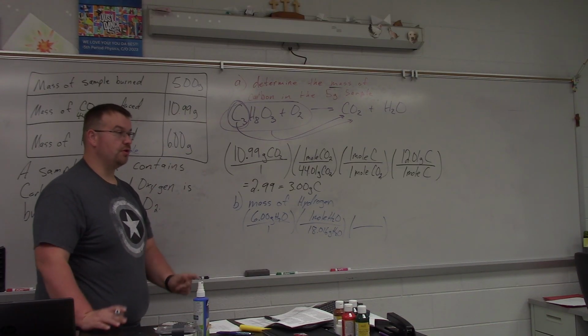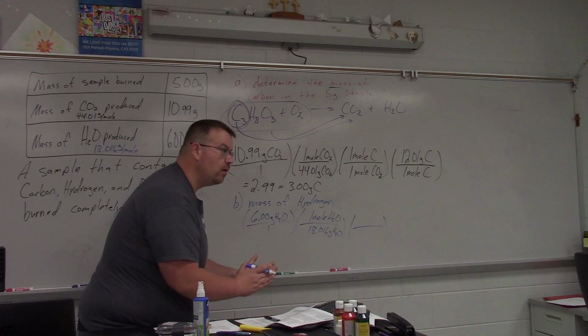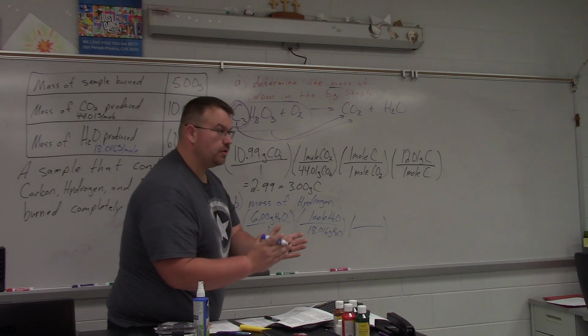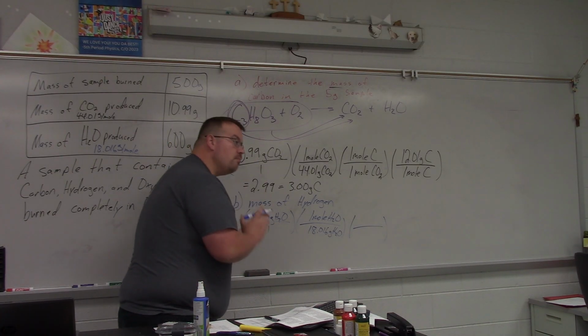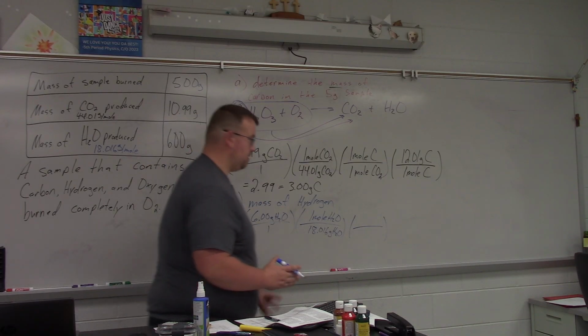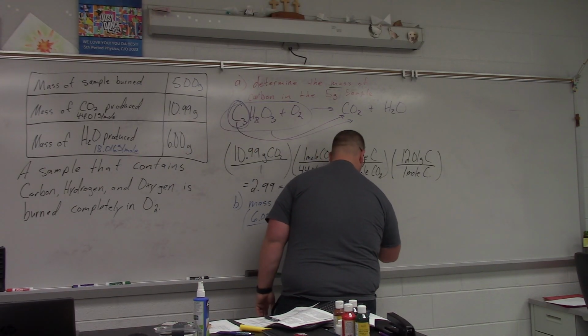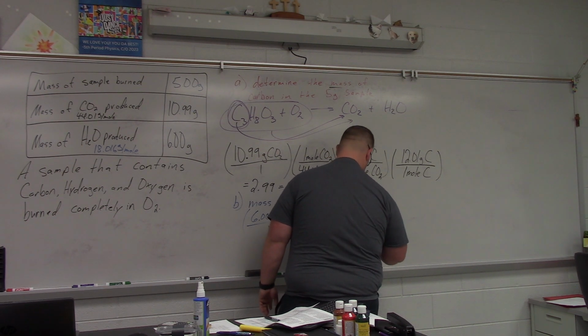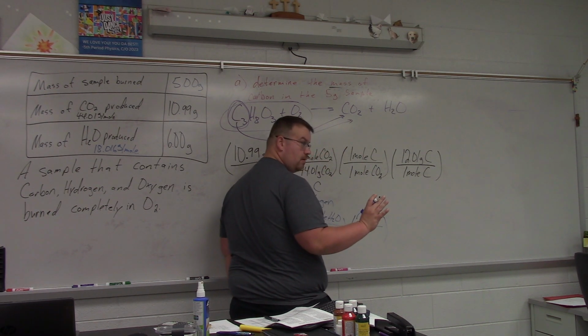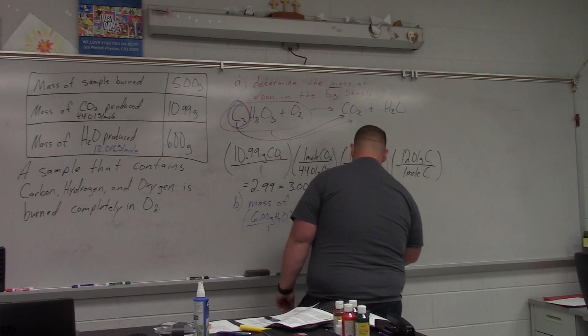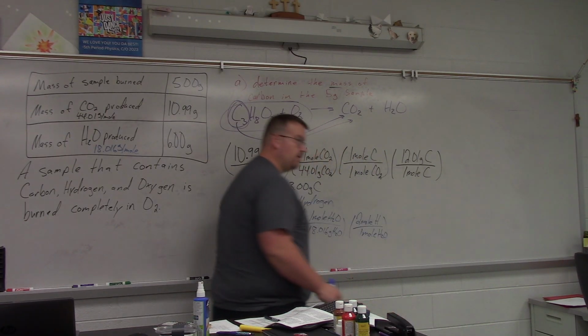So for every 1 mole of molecules of water, there are 2 moles of hydrogen. So that's where we got 2 moles of hydrogen on the top. Got me? Okay, so it's 2 moles of hydrogen over 1 mole of the water.